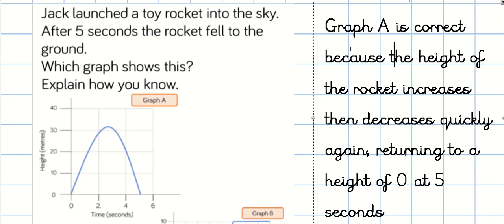Graph A is correct because the height of the rocket increases, then decreases quickly again, returning to a height of 0 at 5 seconds. So the rocket went up and then came back down and got back to 0 at 5 seconds. Well done if you wrote a similar explanation, and if we are explaining, it's often good to use because, because then we know that we're going to be explaining what we're saying.